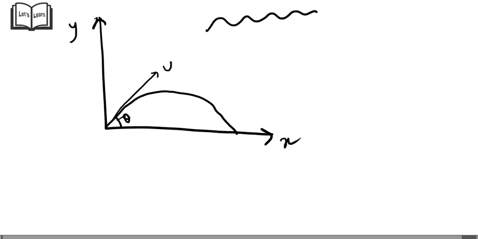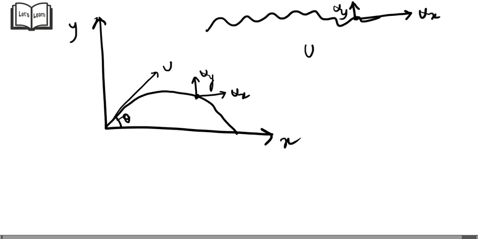Any velocity, suppose a particle is moving in some zigzag curve, can be divided into two components, ux and uy. Similarly, the velocity at this point can be divided into ux and uy.